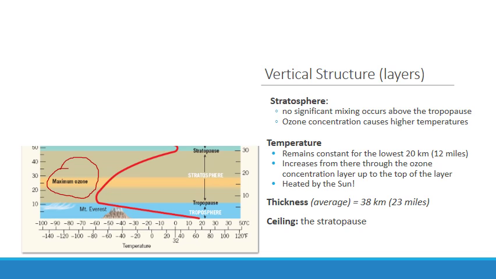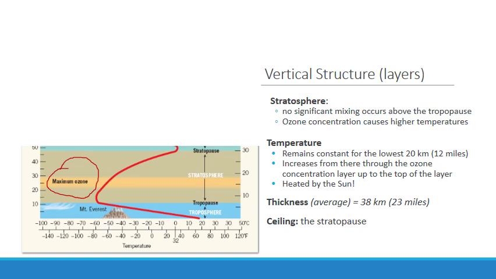A large part of our heat on the surface comes from the presence of water vapor and greenhouse gases that trap long-wave radiation from the Earth. We don't have that water vapor in the stratosphere, and so the stratosphere is warmed by UV or solar radiation.